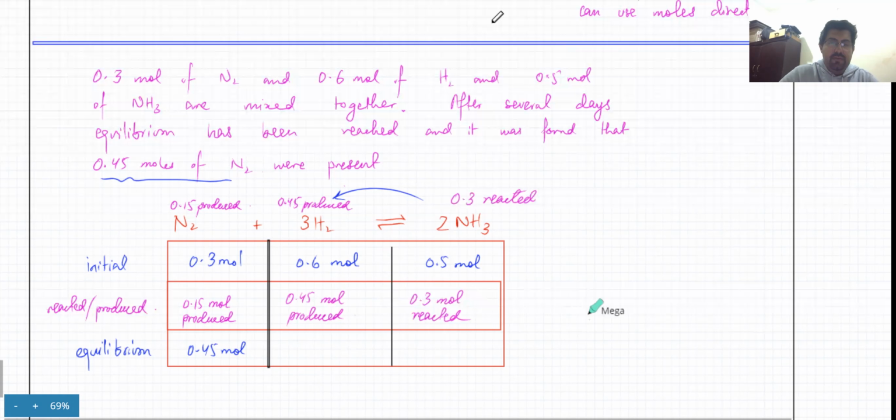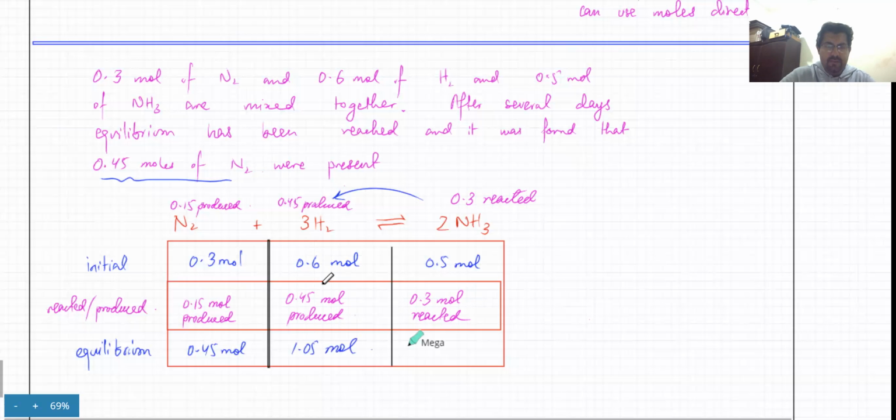So now we can find the equilibrium moles. Initially I added 0.6 moles in my container, right? My initial moles. 0.45 moles extra have been produced. So at equilibrium, I'm going to have 1.05 moles. That's the amount of moles that I'm going to have at equilibrium.